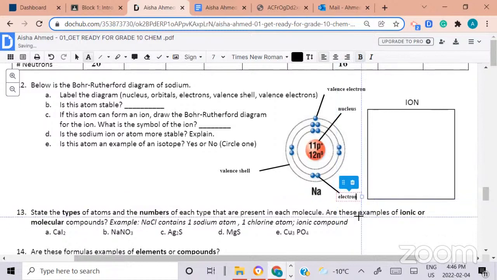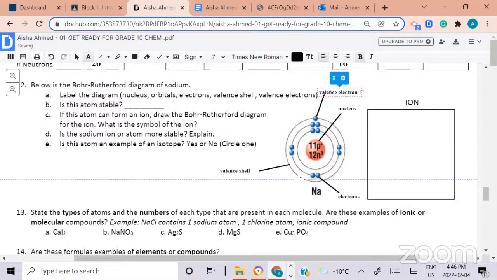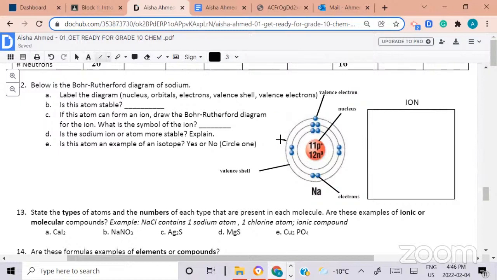How about orbital? Either you can put three lines pointing to each orbital, or you can just write first orbital. You know what an orbital is, right? It's just one of those circles around the nucleus.